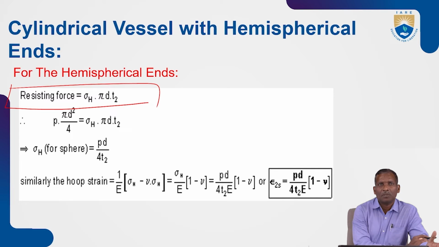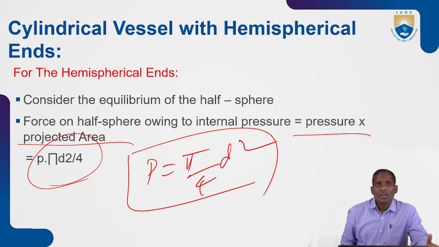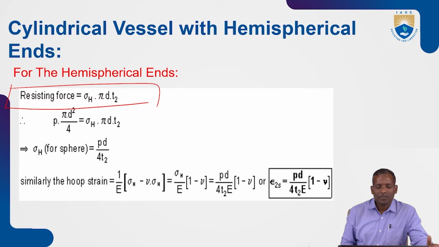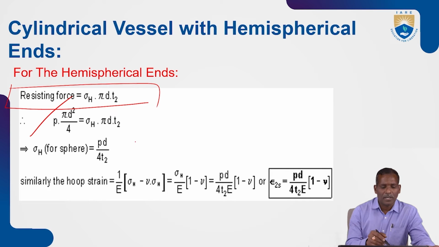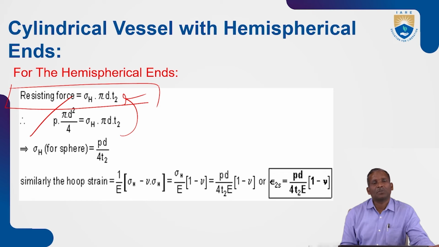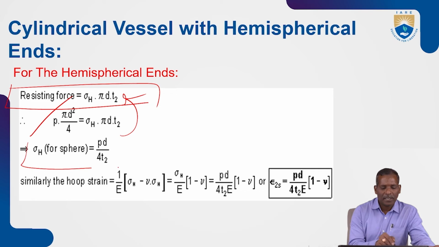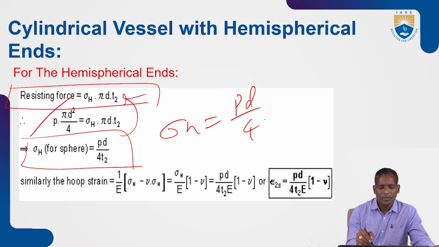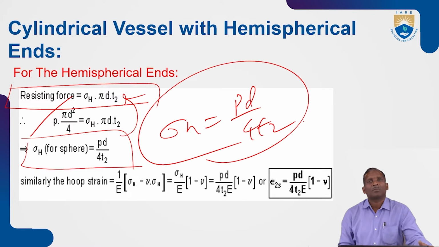So the internal pressure force, P into pi by 4 into d square, is equal to sigma h into pi d into T2. So for a sphere, we can calculate the hoop stress as PD by 4T.